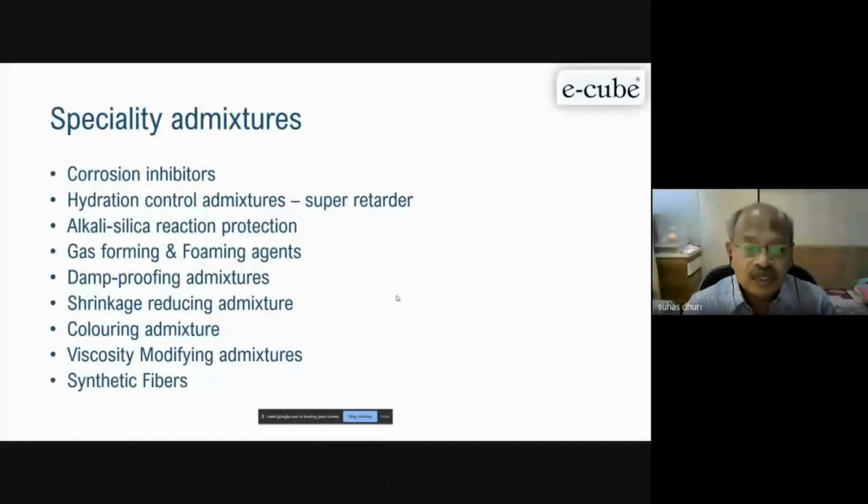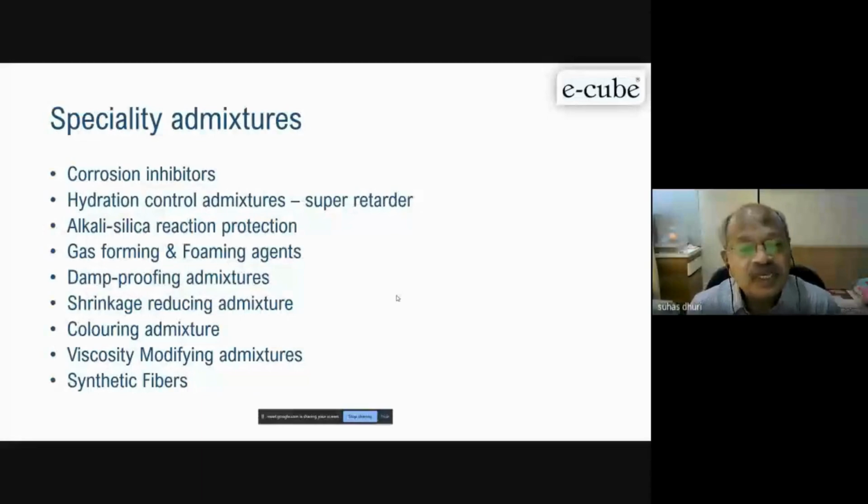Damp proofing and waterproofing admixtures are available. Integral waterproofing can be added into the concrete and you will get watertight concrete. Shrinkage we have discussed. Coloring admixtures: we have decorative concrete, architectural concrete.